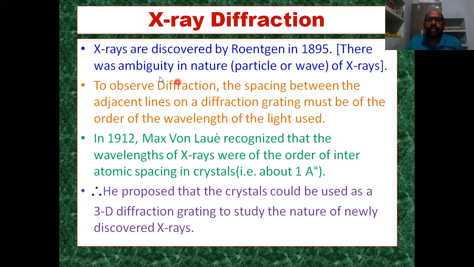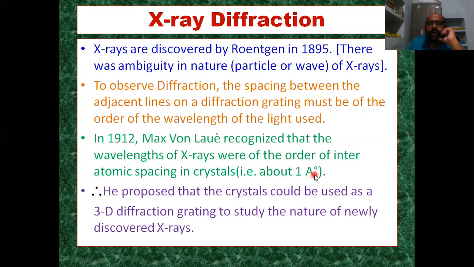Under this condition, we observe diffraction. So here we are achieving that condition. That means the X-rays are in the range of 1 angstrom. At the same time, the atomic spacing is in the order of 1 angstrom.